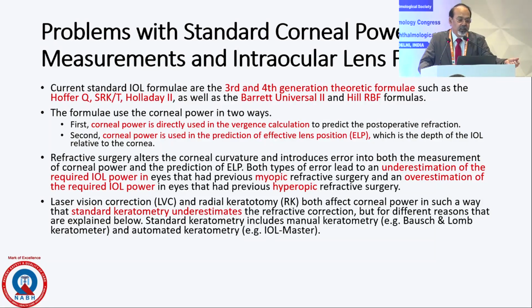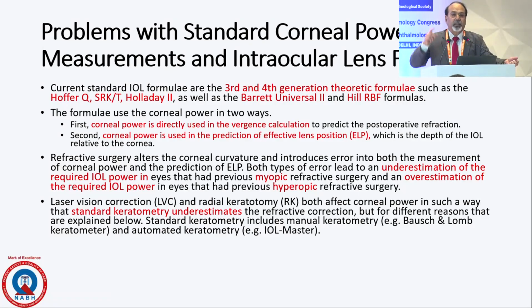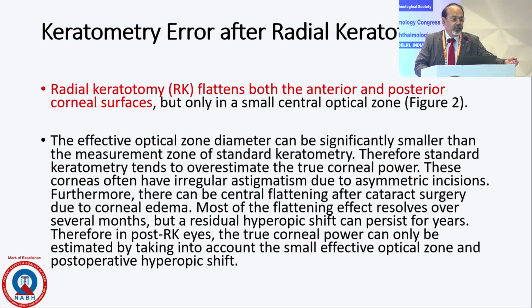The corneal power is directly used in the vergence calculation, and corneal power is also used in the prediction of the effective lens position, as to what kind of distance between the cornea and posterior capsule you are looking at. This is very important, because whenever the corneal power is flatter, the AC depth is also less and the lens is sitting forward. So these things are very important. There is an underestimation or overestimation of the effective lens position, which is very important.